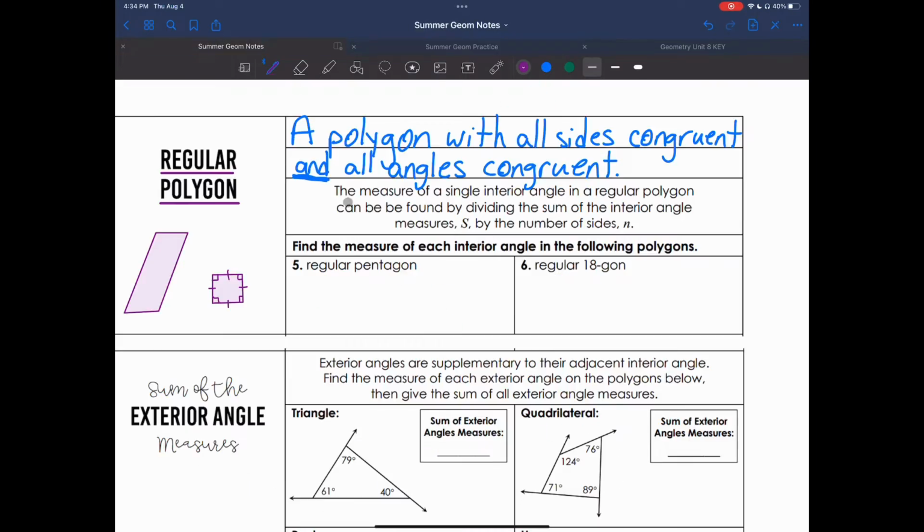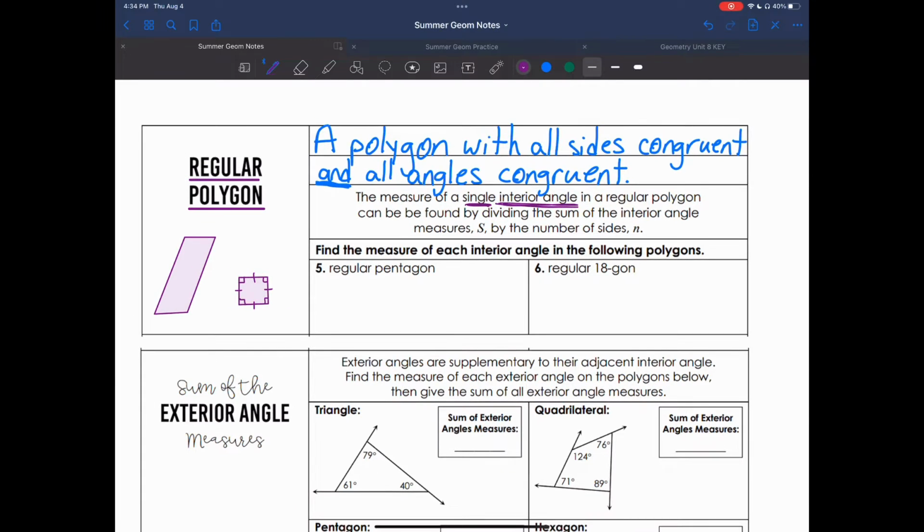So it says, the measure of a single interior angle in a regular polygon, I'm going to underline that, a single interior angle, can be found by dividing the sum of the interior angle measures S by the number of sides N. So on the previous page, we were concerned about finding the sum total of the angles.